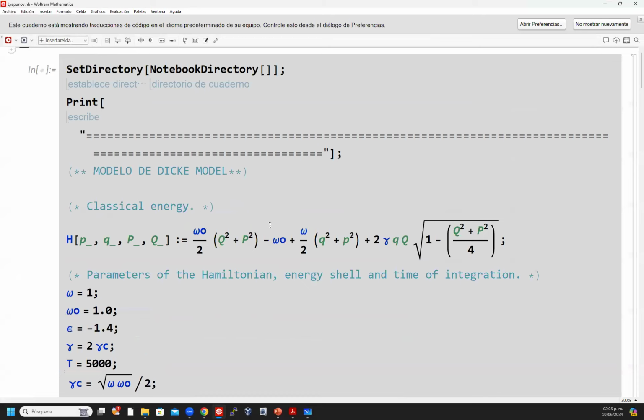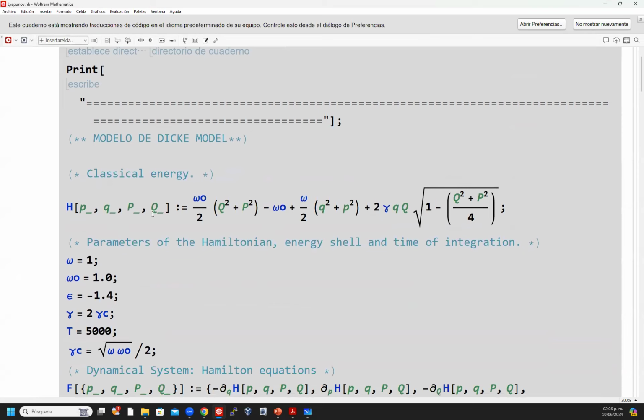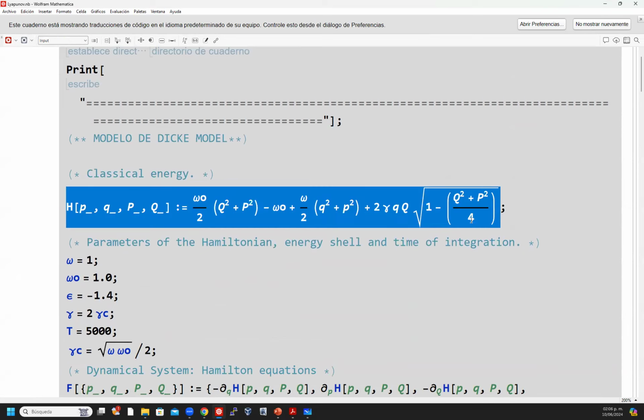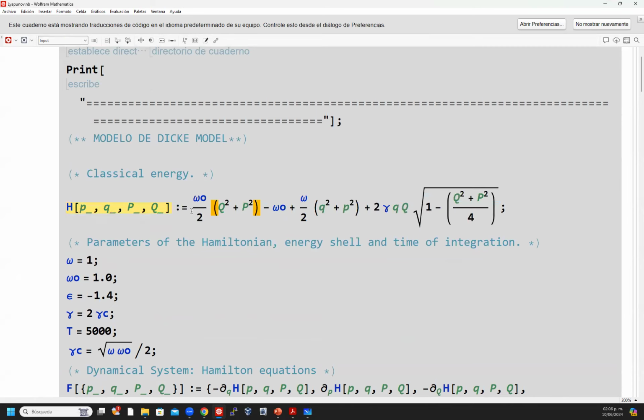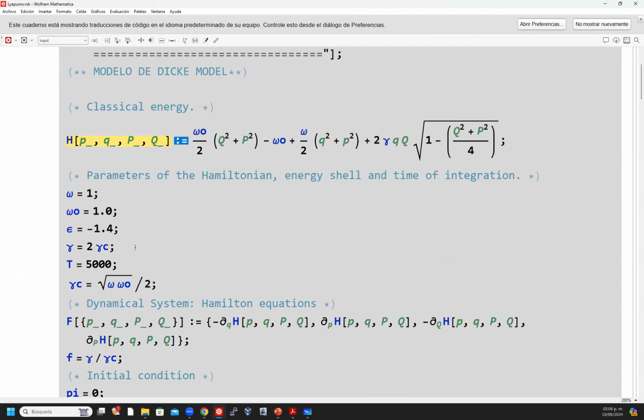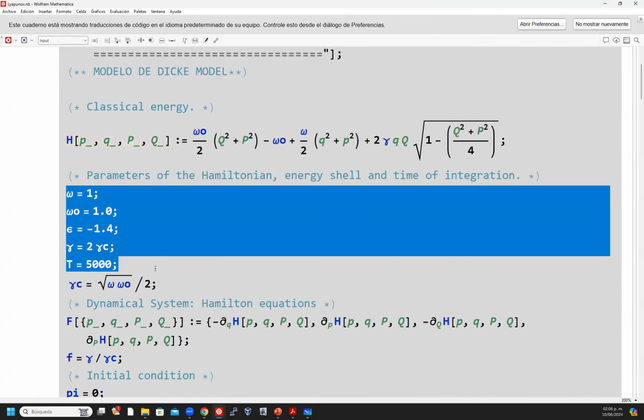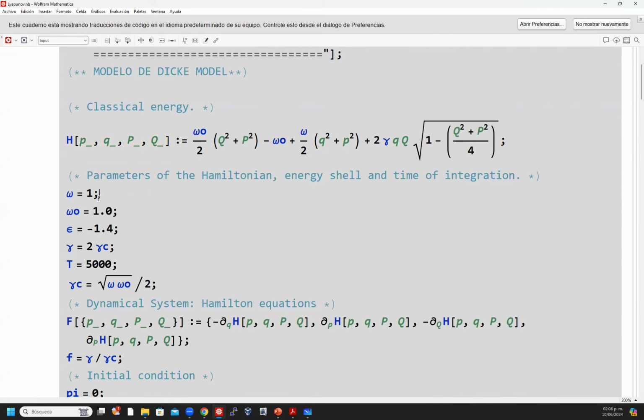This is the code used to get the classical Lyapunov exponent. We write the Hamiltonian. We define this function. This is the way to define something in Mathematica. And after, we define the parameters that we select: omega, omega zero, the energy, the coupling, the critical coupling, and the time that we will evolve the system.